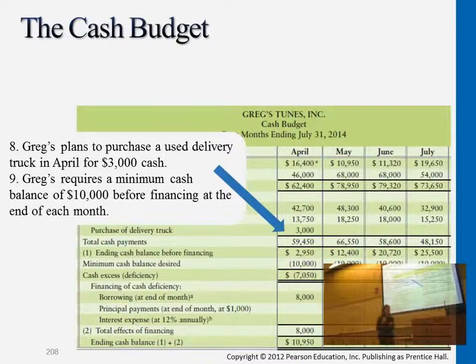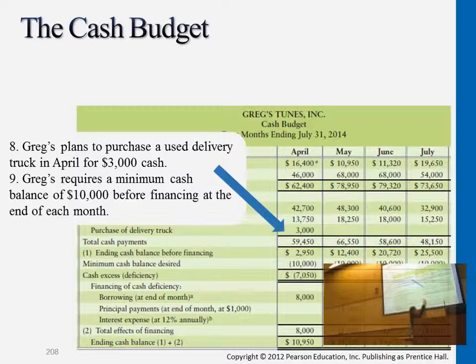And this is pretty much all about cash budget. It breaks down to 4 components: the part of the cash that you're collecting by sales, the part of the cash that you're paying for inventory, the part of the cash that you're paying for operating expenses, and perhaps additionally you may have cash payment for a delivery truck, for long-term assets.